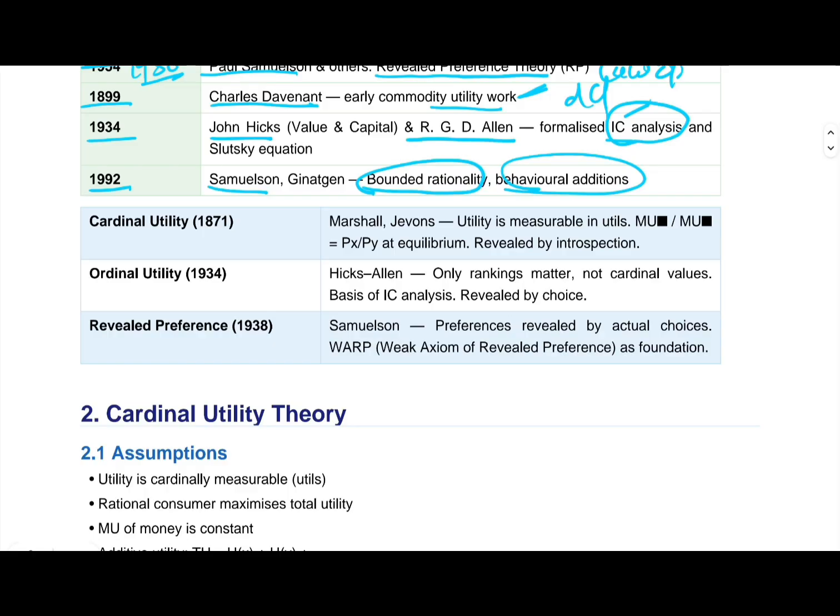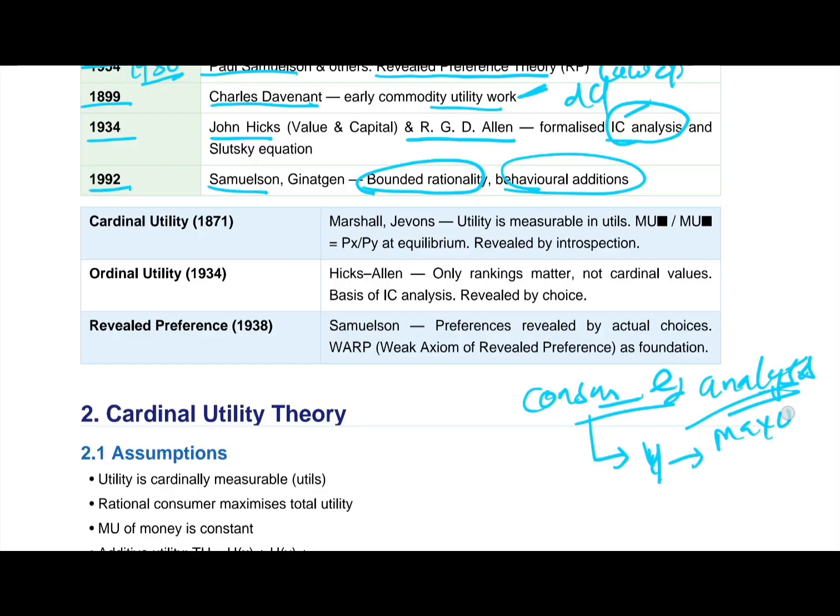Let's start with the consumer theory. What is the consumer theory? Basically, consumer analysis means with limited income, how we can maximize our utility. It basically means with the constraint of given income, how we can maximize our utility.